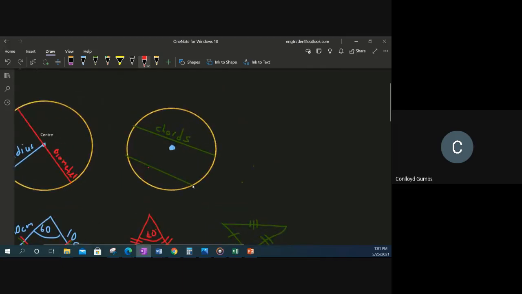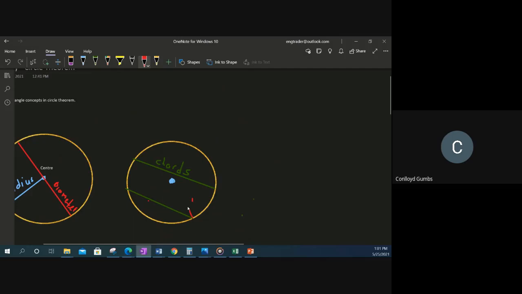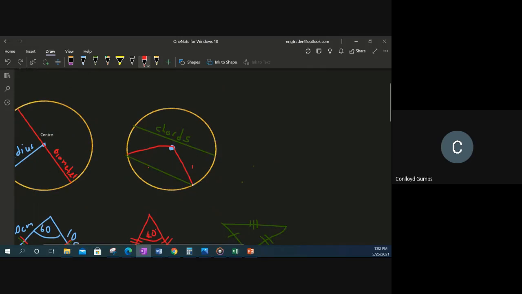Okay, so just to make light of what we just had, we draw this here, that's a radius. We draw the next radius, and it's sitting on this chord. So if this here was 110, that means these two here need to add up together to be 180. That's going to be 180 take away 110, which gives us 70 degrees.